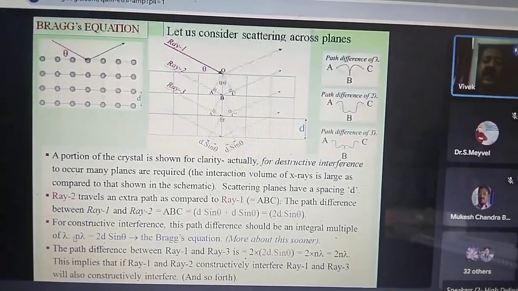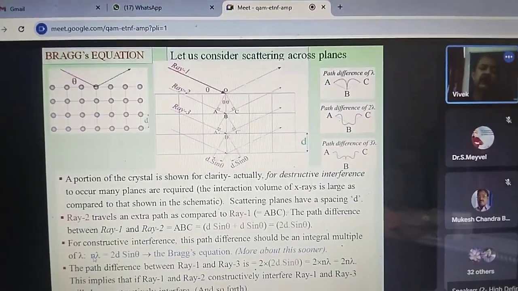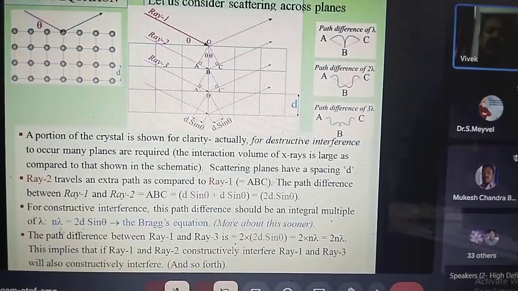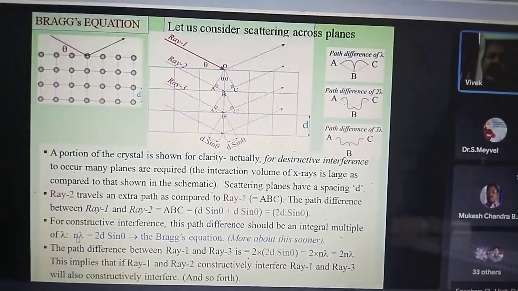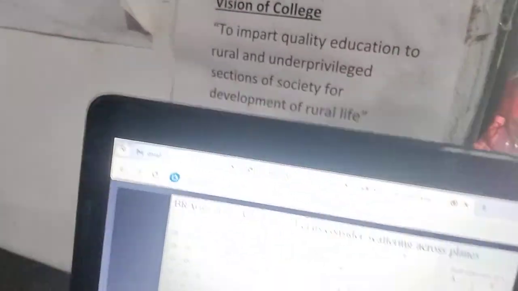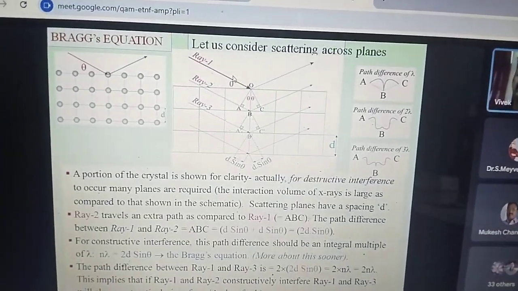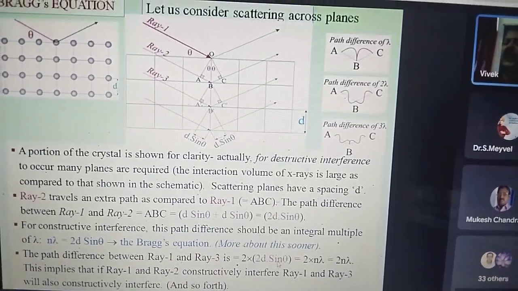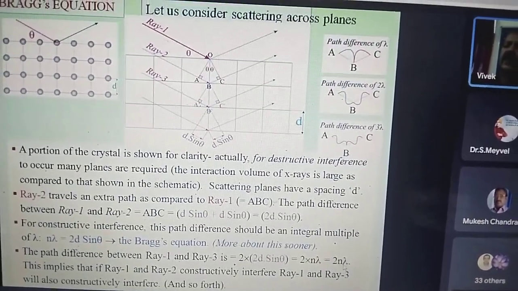Now this n is the main point for which I have chosen this topic. So how to calculate this n? If I modify my Bragg's equation, I will remove this n because I don't have any way to find it out. The path difference between ray 1 and ray 3 is 2 times 2d sin theta, so it will become twice n lambda.